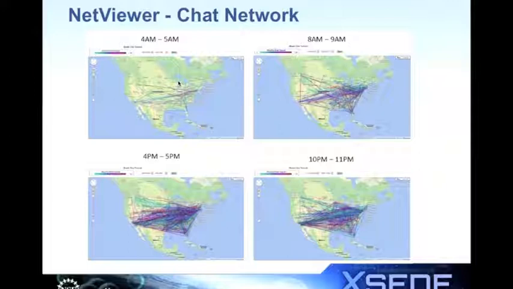This is because the population of the East Coast is higher than the West Coast. We also can see a shift of the density area from the East Coast towards the West Coast around midnight. This is because of the time zone difference.